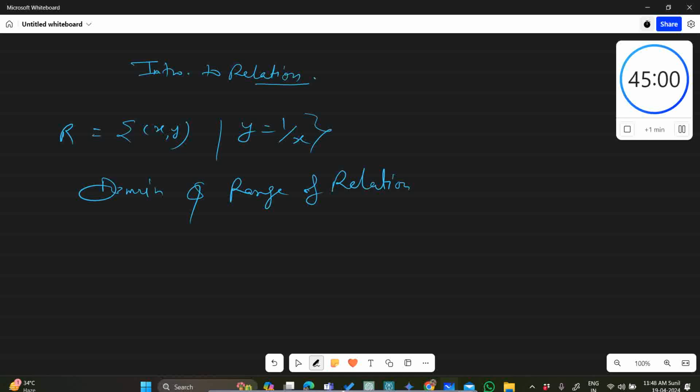Now what we will do is find the domain of R. So let's see. Forget the graph for now. x can't be 0 because y will be undefined.